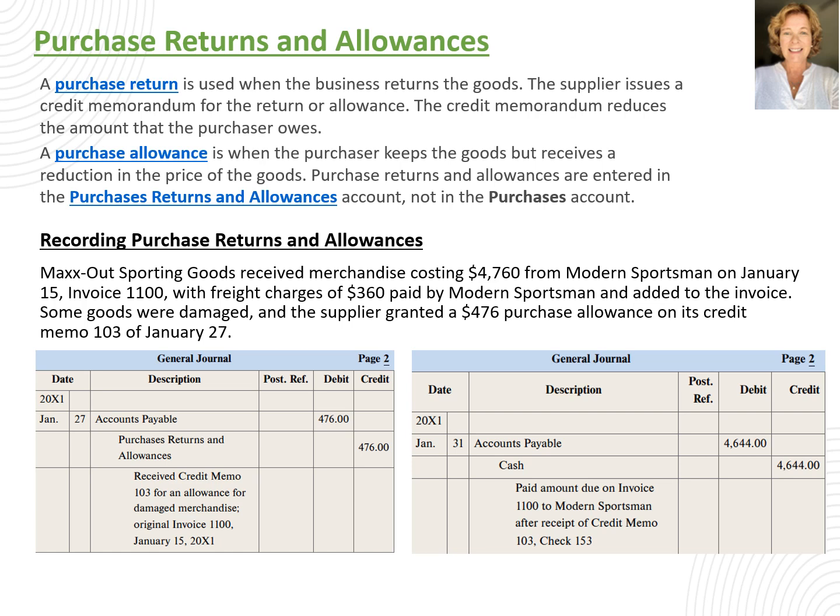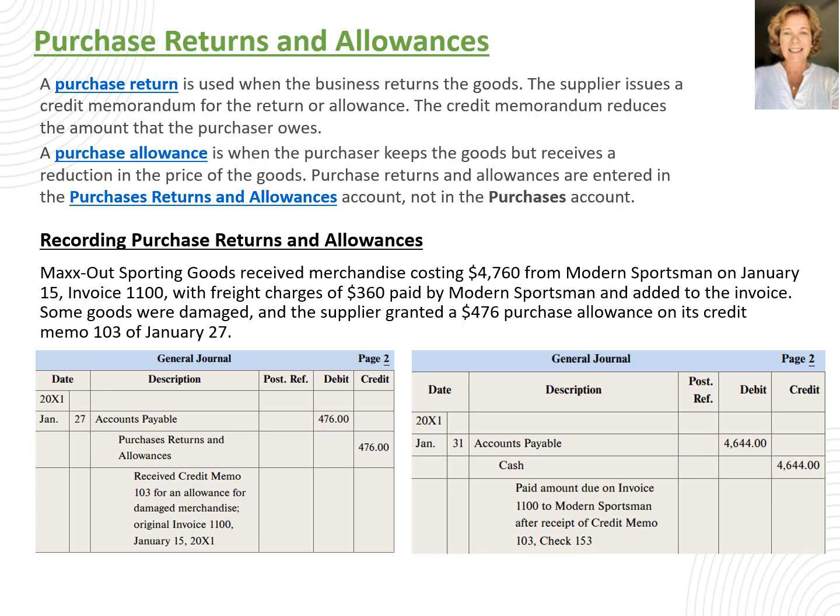Here's an example of how Max Out Sporting Goods records purchases, returns, and allowances. Let's read it together. Max Out Sporting Goods received merchandise costing $4,760 from Modern Sportsman on January 15th with invoice number 1100, with freight charges of $360 paid by Modern Sportsman and added to the invoice.